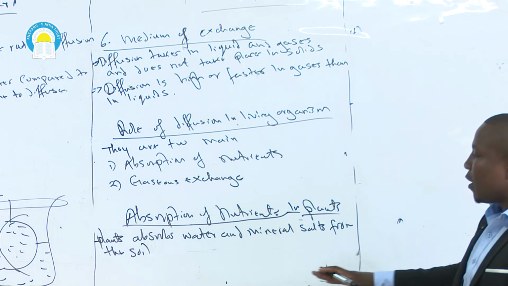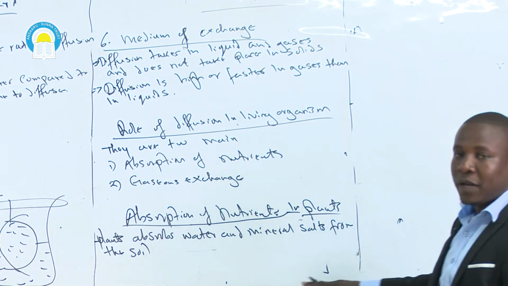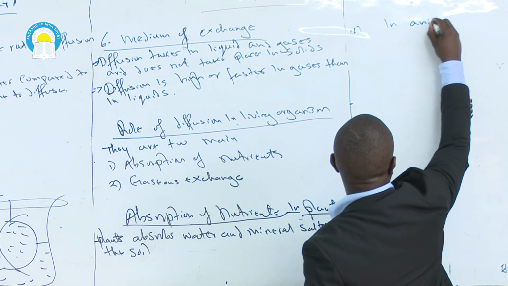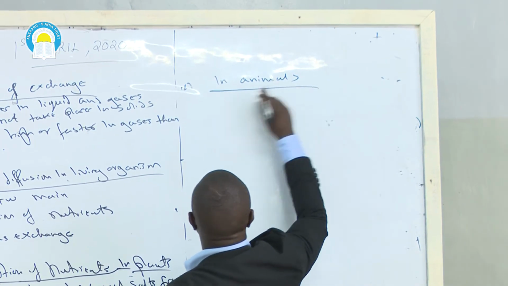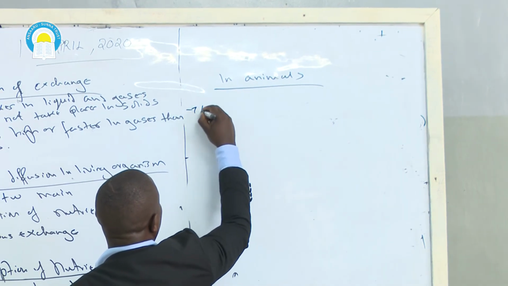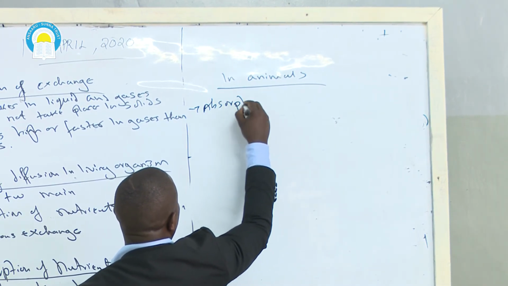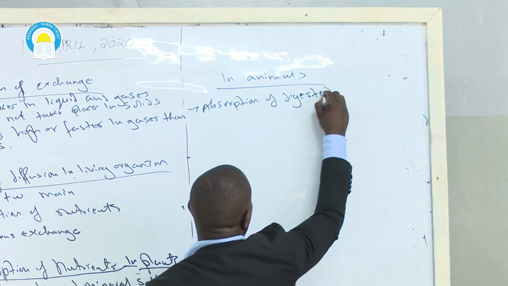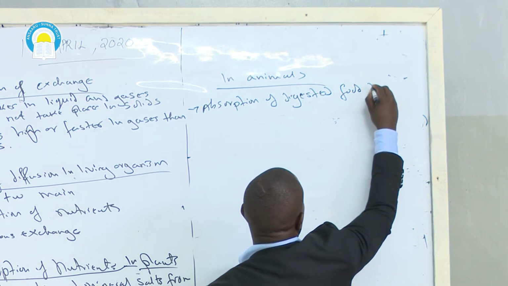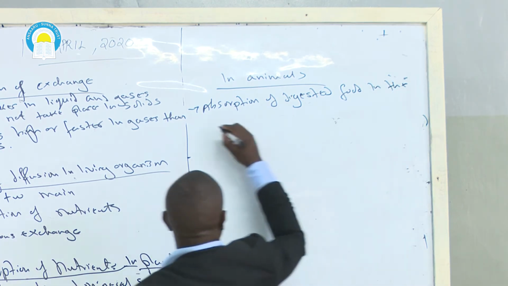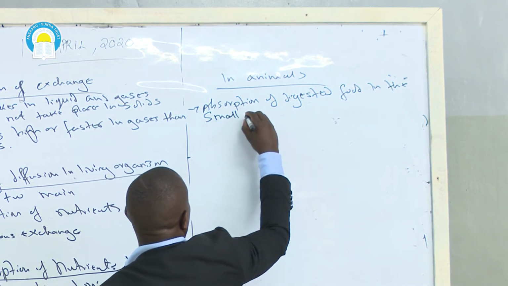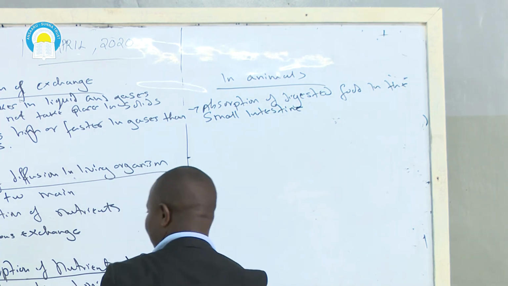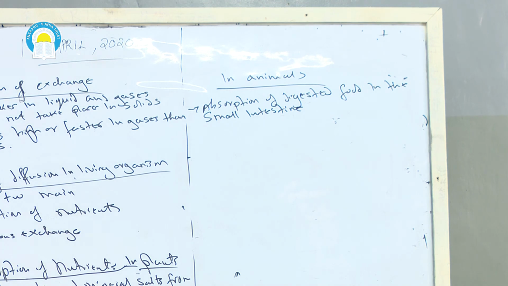Nutrients. In plants, that's why plants can absorb water and mineral salts. What about in animals? In animals it is absorption of digested food in the small intestine. In the small intestine. So, from the soil by roots.